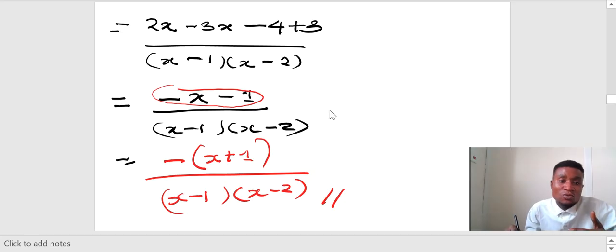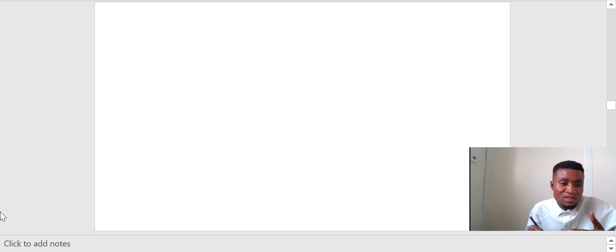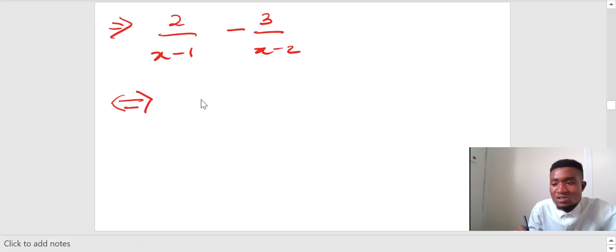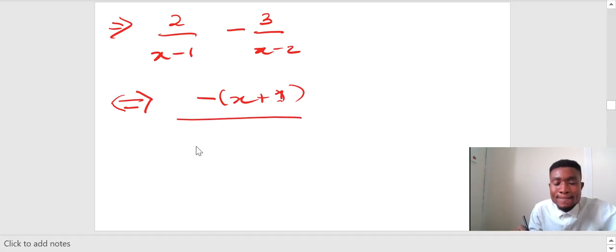Yes. So what we have here is that the simplification of 2 over x minus 1 minus 3 over x minus 2 is equal to minus x plus 1, divided by x minus 1, x minus 2.